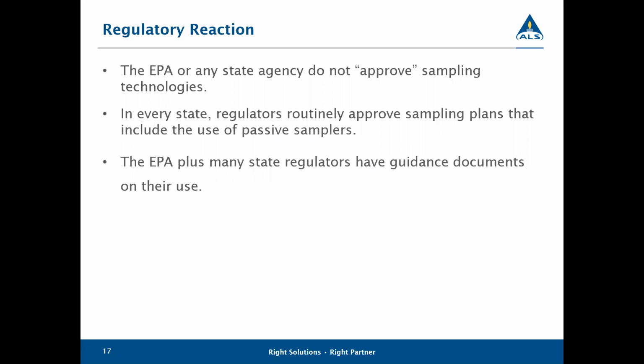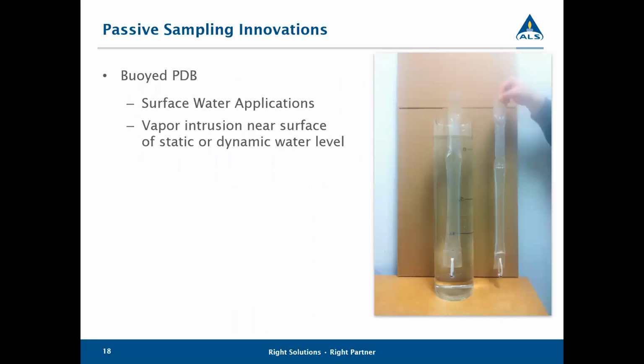The EPA and there's also state regulators that have guidance documents on passive sampling for groundwater, and it's really, if you work it into your sampling plan and you have the justification for it, it's something that most regulators should be at least tangentially familiar with at this point, and there is plenty of guidance documents that can be pointed to as well.